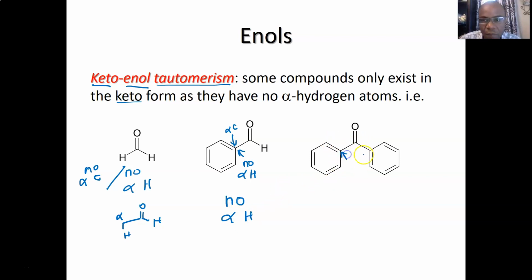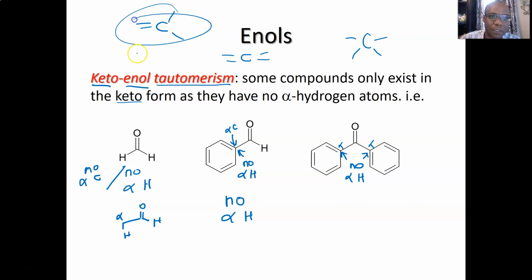This one has 2 alpha carbons, but those 2 alpha carbons don't have alpha hydrogens because the carbons already have 4 bonds. Remember what we say, carbon must have 4 bonds around it. It could be 4 single bonds, it could be a double bond and 2 single bonds, it could be 2 double bonds. Okay, so here you have a double bond and 2 single bonds, double bond, 2 single bonds.